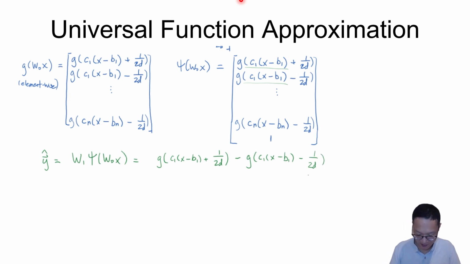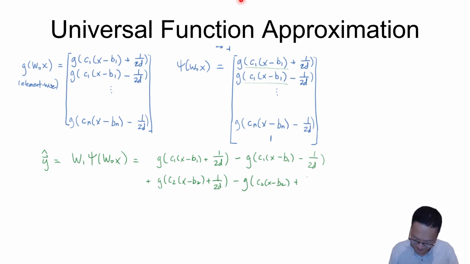Okay, and then this pattern will continue because next we have a 1 and a minus 1 that will go with C2, the same thing as above, but with index 2. Okay, so just writing that down quickly. Hopefully I don't make a mistake.